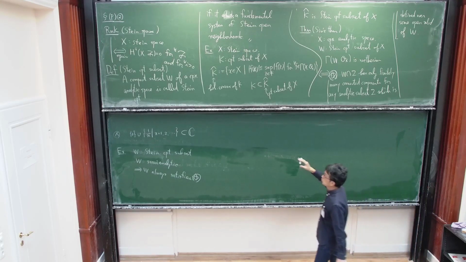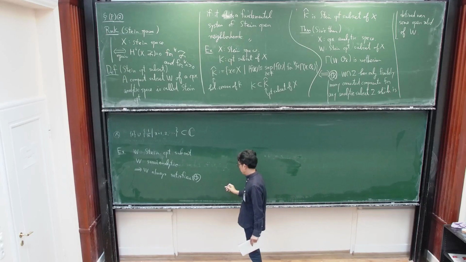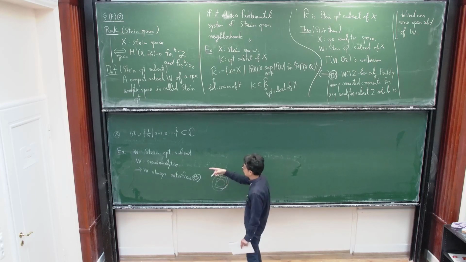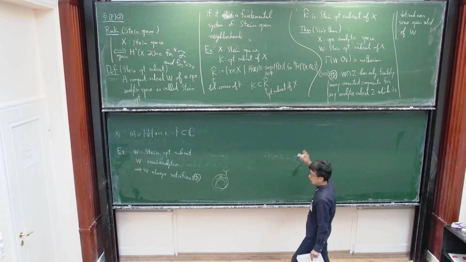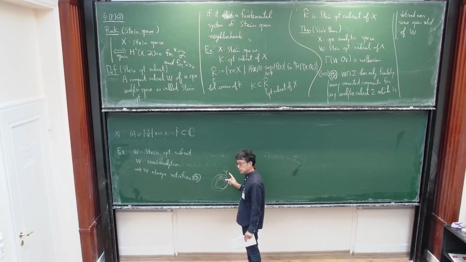So for geometric application, in order to construct something over a smaller open subset, we take W suitably, which satisfies this condition. It's not difficult. Why is it Stein?